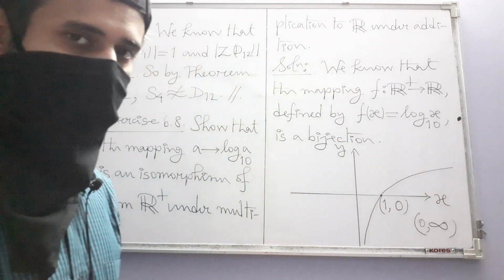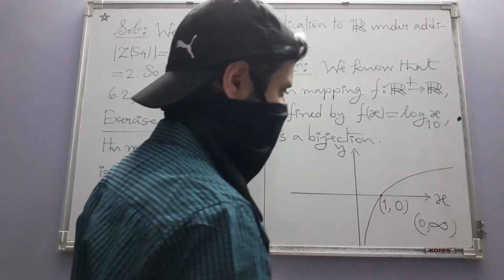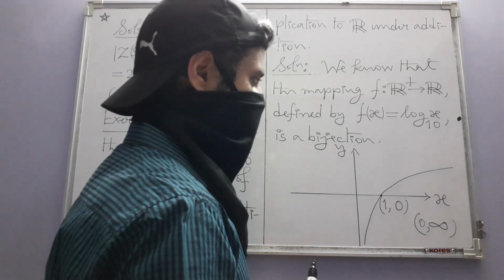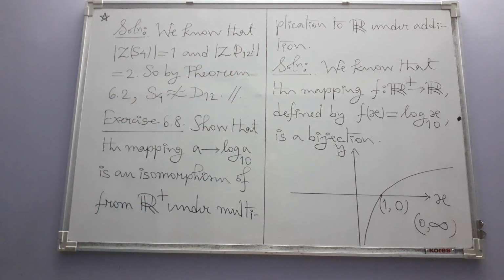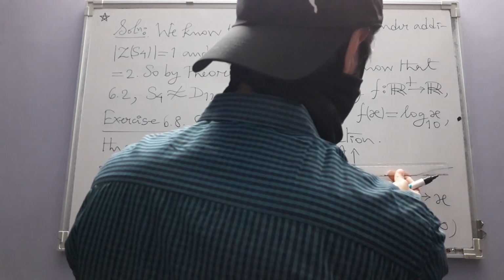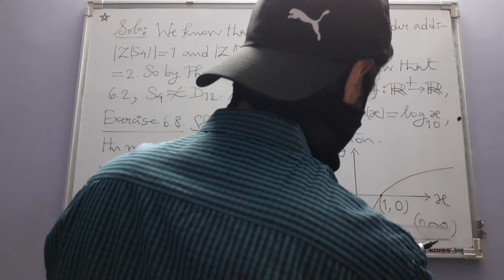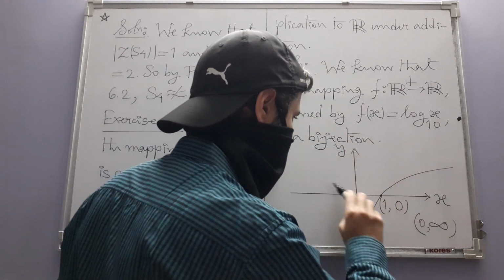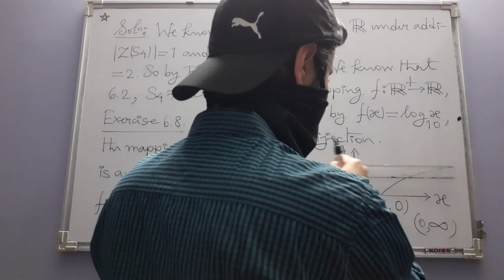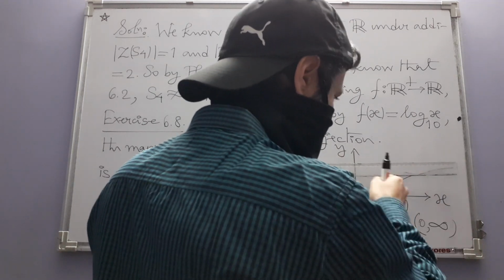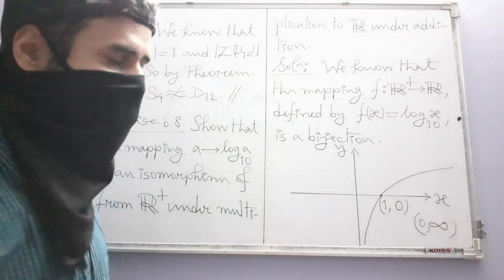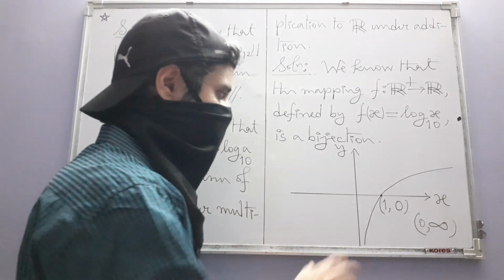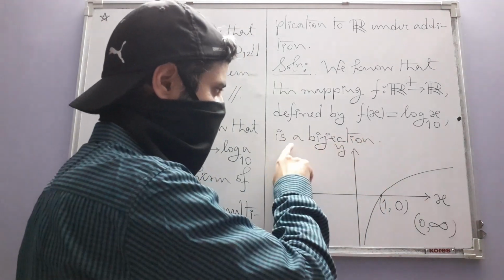But what about one-to-one-ness? One-to-one-ness means that for two different inputs, you will never get the same output. That's because any horizontal line you can imagine intersects the graph at precisely one point. Only if you have a graph going like this or like this, you will have the same y value for multiple x input points. That you don't see here happening. Of course, this cannot be the justification for the claim that this is a bijection.